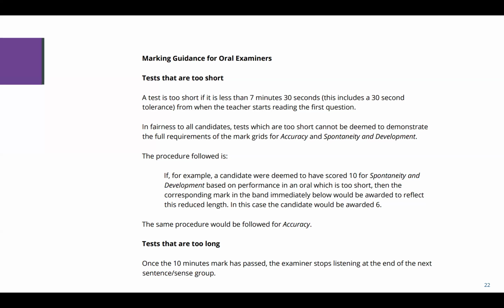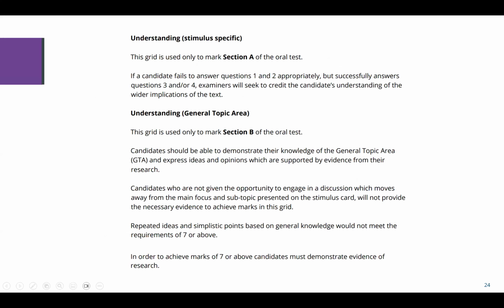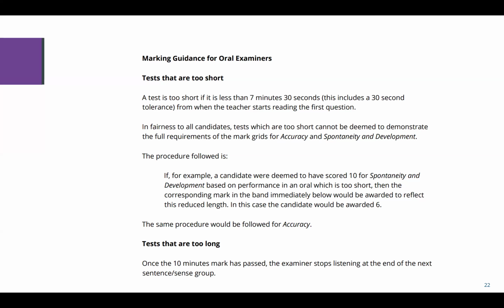You need to keep to the timing, not too short, but also not too long. And as I said to you last time, with tests that are too long, the examiner will stop listening at the end of the next sentence or sense group after 10 minutes.